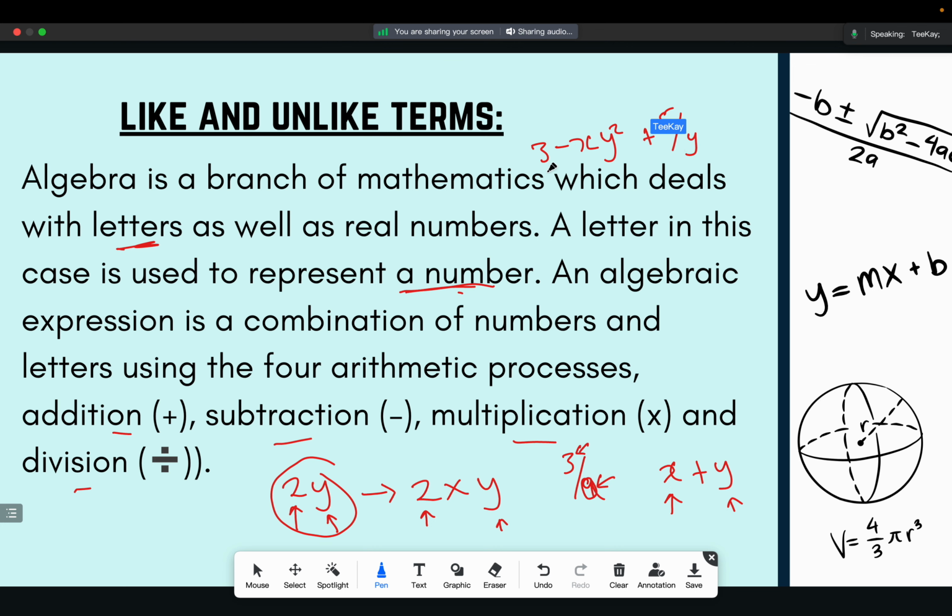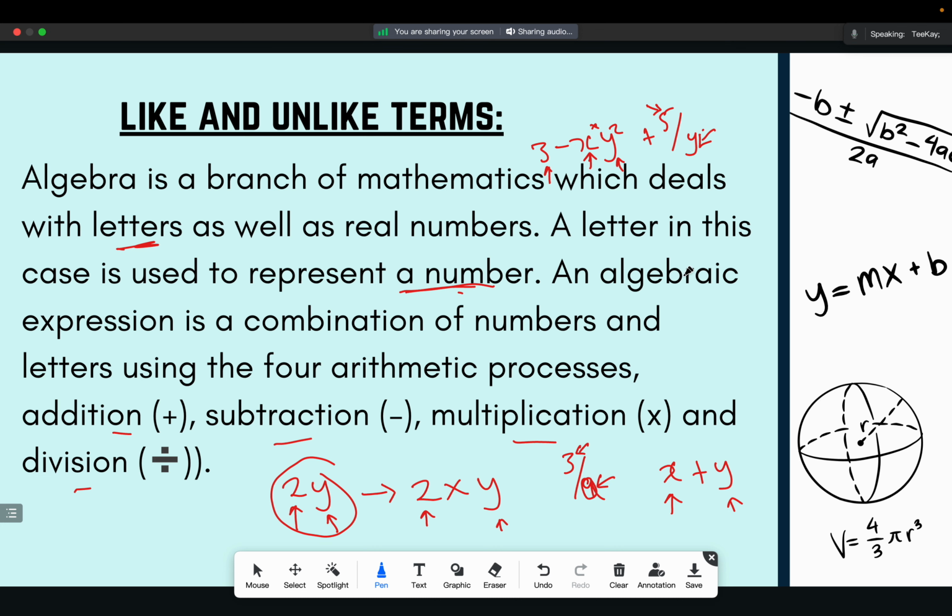So here you can see 3 is a number, and this number is subtracting a letter, and this letter is multiplying another letter, and then these are adding to a number which is being divided by a letter. So that's what we'll be concentrating on when we talk about algebra.